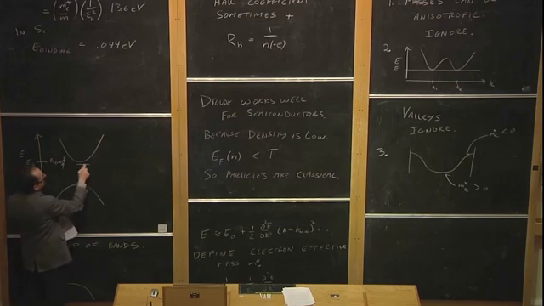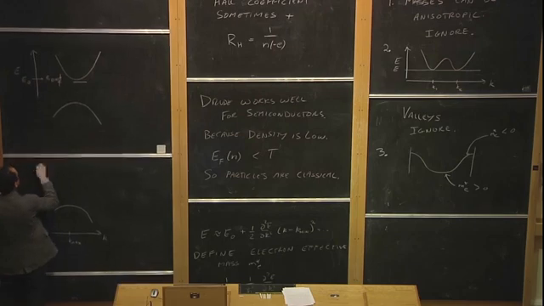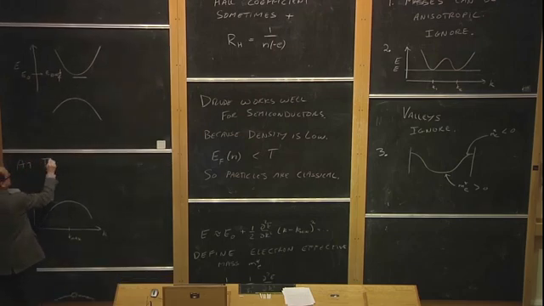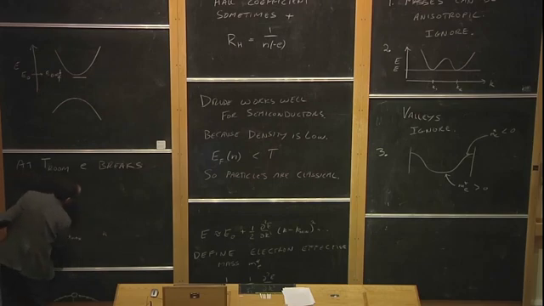However, this energy here is very, very small, and at room temperature, the electron breaks free and goes off into the conduction band. It's just thermally excited into the conduction band.